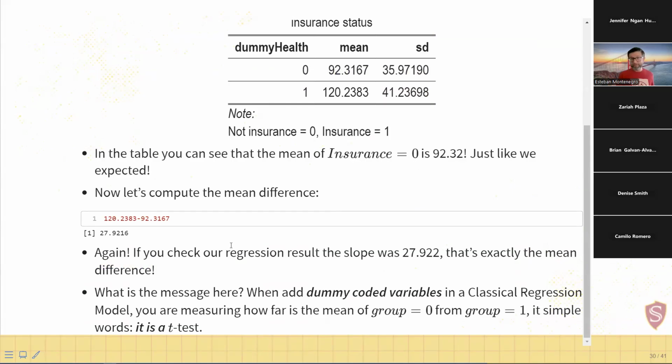Now, another question that you might have in mind: why do I care about this? Why should we do a regression model if I can do this by hand? I mean, the model is answering what I can do by hand. I can do a subtraction, right? Well, there are many reasons. The first reason is that we want to estimate models because models will help you to estimate more complicated hypotheses.